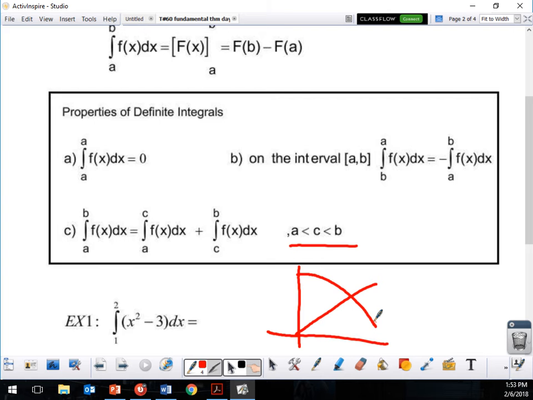So if this is my A and this is my B, this point right here in between is going to be the C. So we're eventually going to change. If we're having this right here, this would be the area of the top minus the bottom. I'm just trying to give you guys an explanation of why we're doing this.